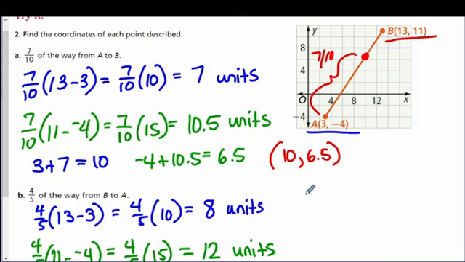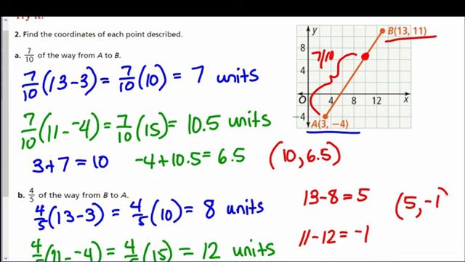So 8 units left would be 13 minus 8, which is 5, and 12 units down would be 11 minus 12, which is negative 1. So our coordinate that is 4/5 of the way from B to A is 5, negative 1, which would be right here. That is 4/5 of the way from B to A.